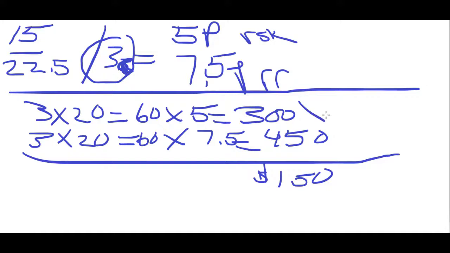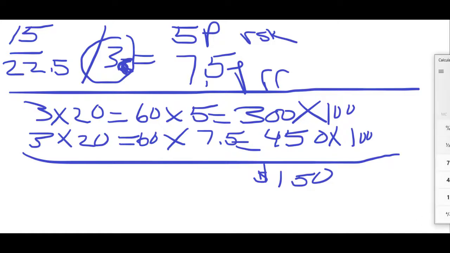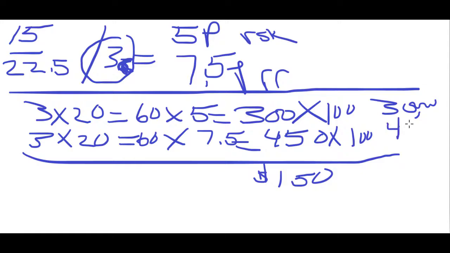All you've got to do is take this times 100: 300 times 100 is 30,000, and 450 times 100 is 45,000. So you've got 30,000 and 45,000.